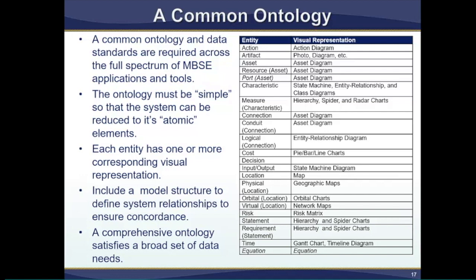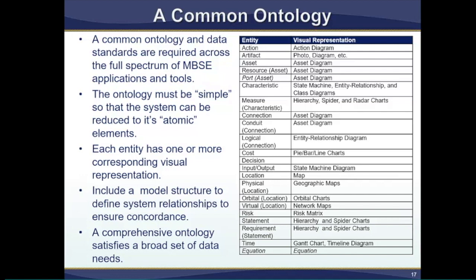I think with SysML 2.0, we'll have an entity, and we'll have a visual representation. We already have the visual representation within SysML 2.0. I think we'll be able to tie those two together. We also should be able to define the structure, right? We also should be able to define the structure of the relationships.